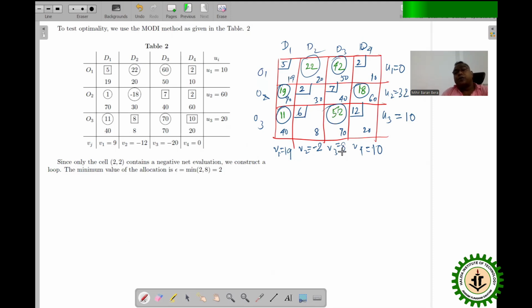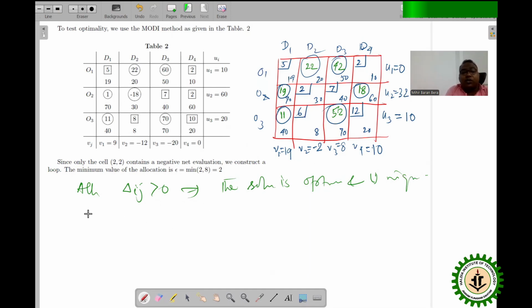Now you can see from here that all delta ij is greater than 0, implying, so I will erase this one, otherwise it looks like it equals 0. So all delta ij greater than 0 implies the solution is optimum and unique. As it is optimum and unique, what is the solution?